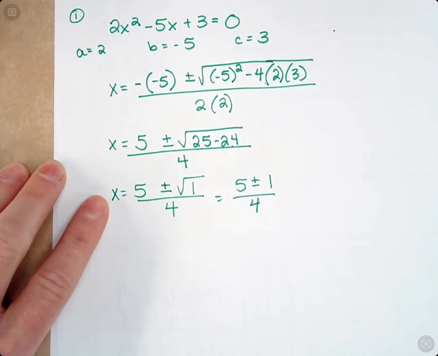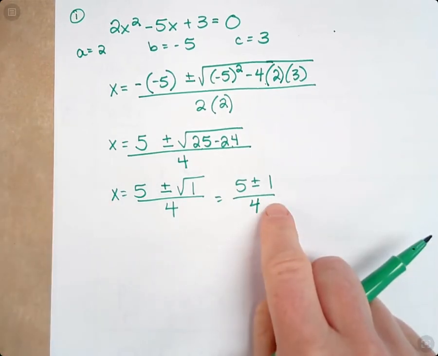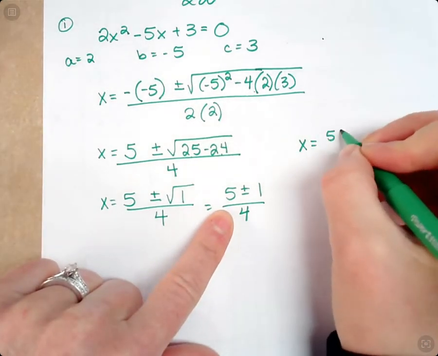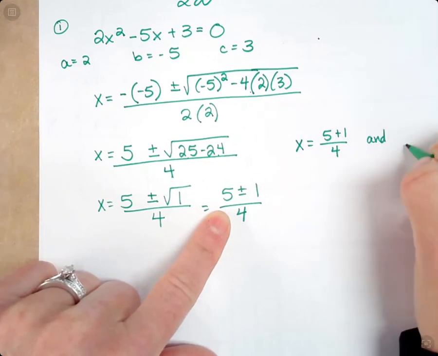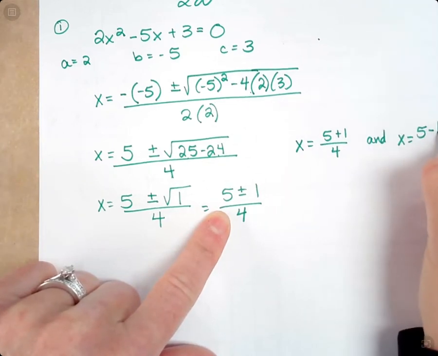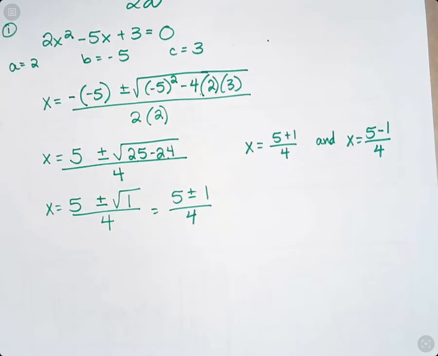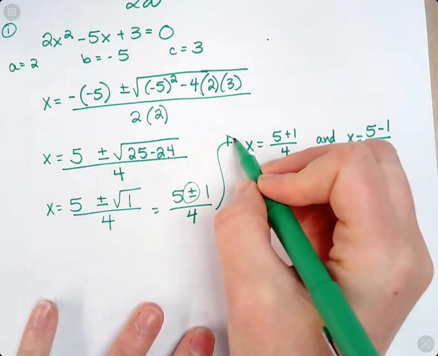So we're down to a step that now we can separate it out into our two solutions. X equals 5 plus 1 over 4, and x equals 5 minus 1 over 4. Because that's what that plus or minus means.